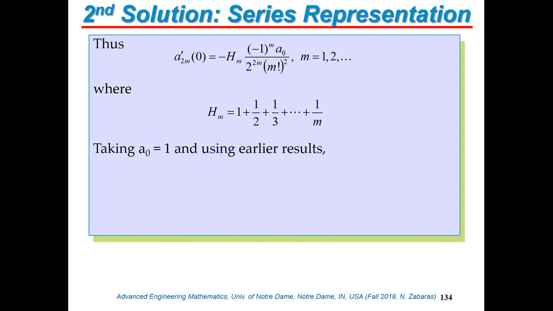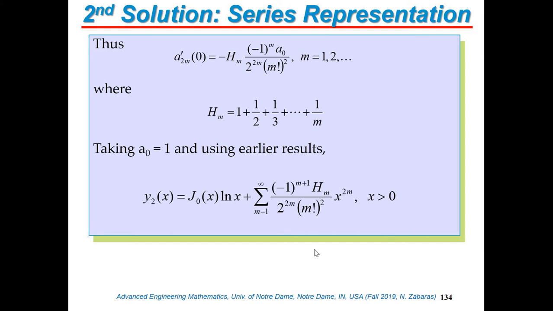And if you take a0 to be 1, this is the general form of the solution for the second fundamental solution of the ODE, y2, that is independent of y1. I remind you, in the case of equal roots we had these coefficients that are the derivatives of the a's that we discussed in the previous slide.